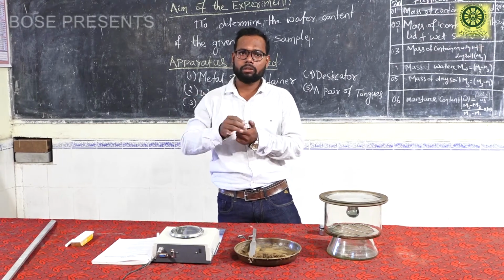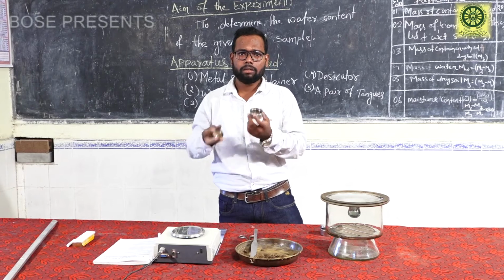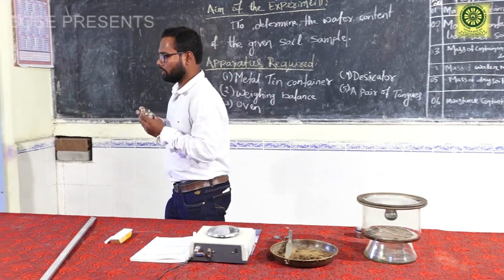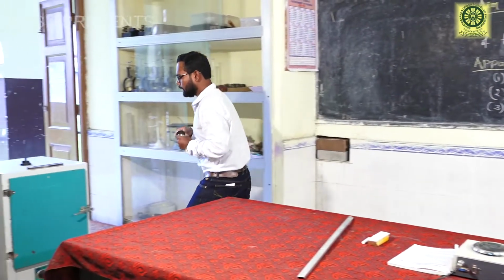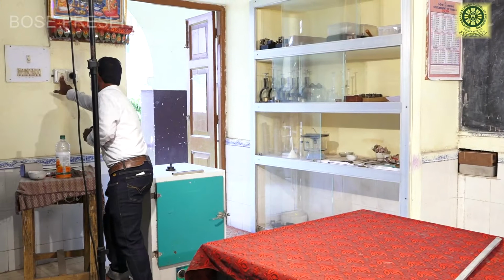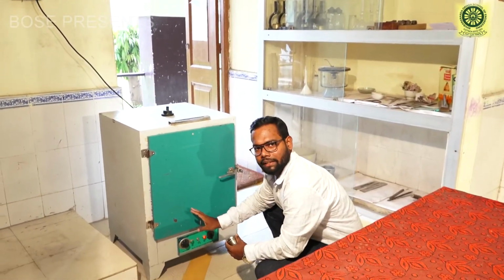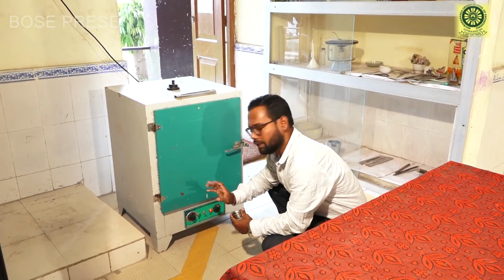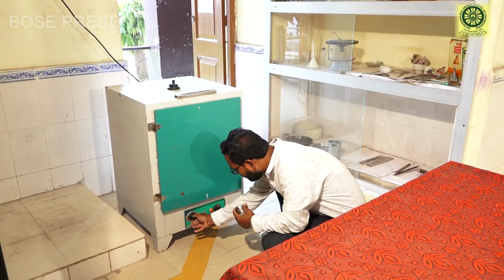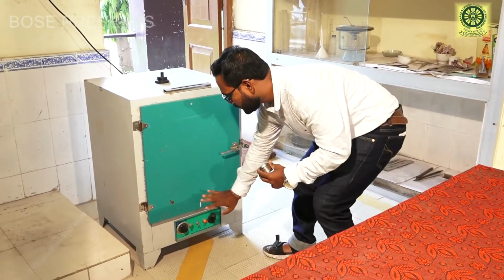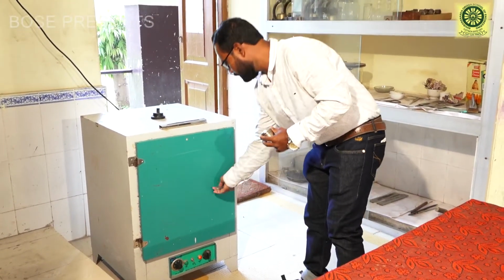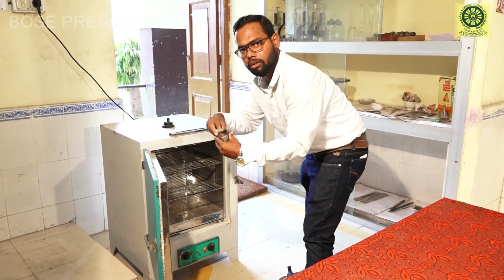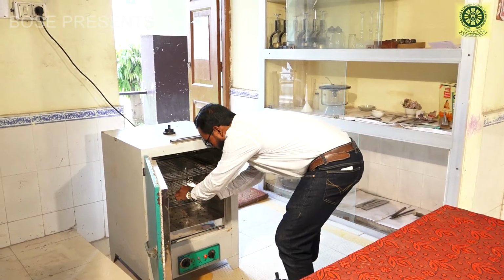So let's keep it, and while we keep it in the oven, make sure the lid is open. Now it is 110 degree centigrade. So we just place it with the lid open, for 24 hours.